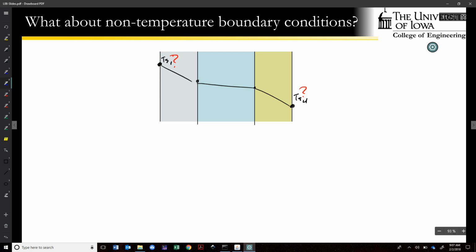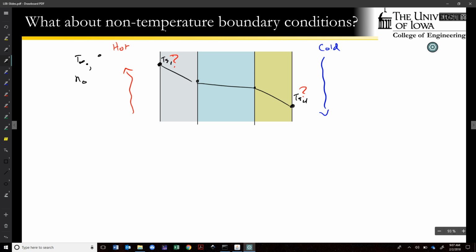Instead, what we know is that there are, for example, some hot and cold regions of air with, say, T infinity 0 and some convective heat transfer coefficient H0.